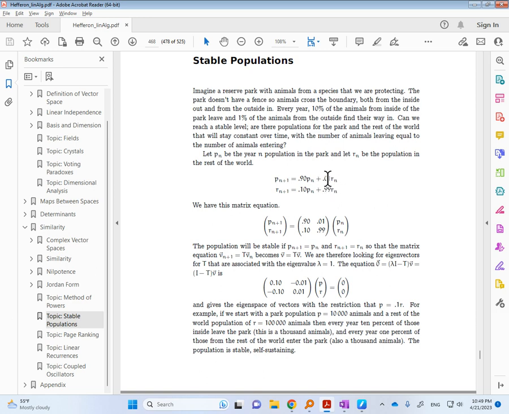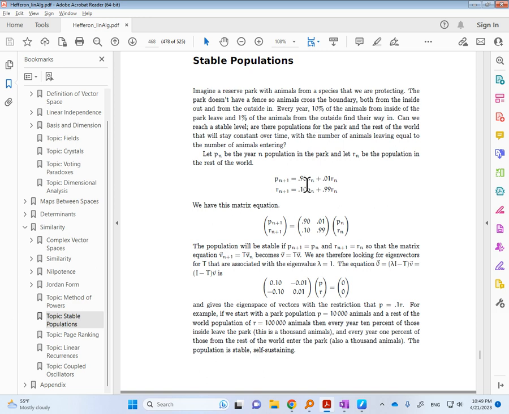Now, another thing I'd like you to notice is that in this model, the total population won't change. 90% of the population inside the park stays in the park, 10% goes out. That makes 100%, so the total population doesn't change. Here also, 1% of the population outside goes in, and 99% stay out. So the total population cannot change.